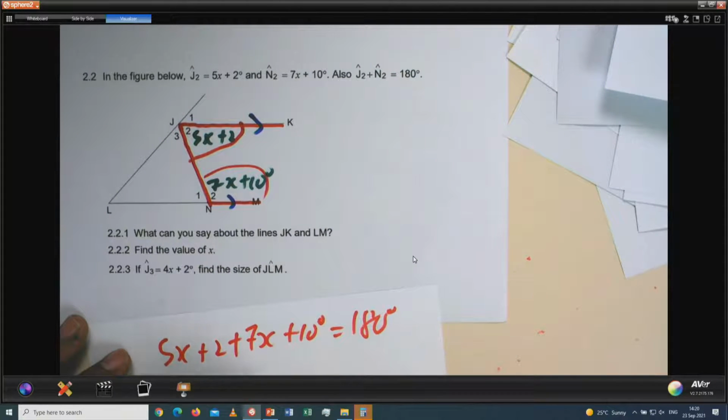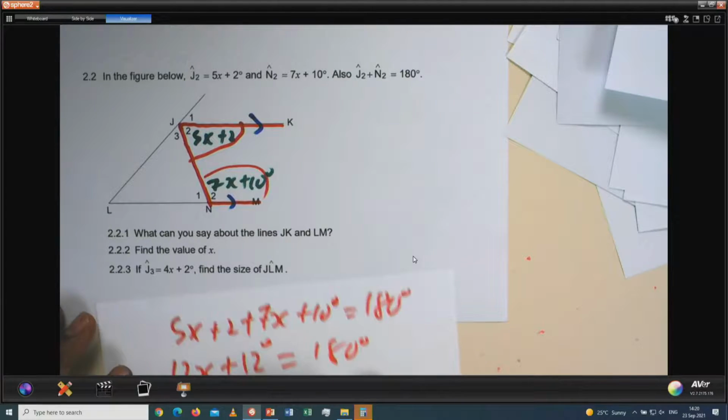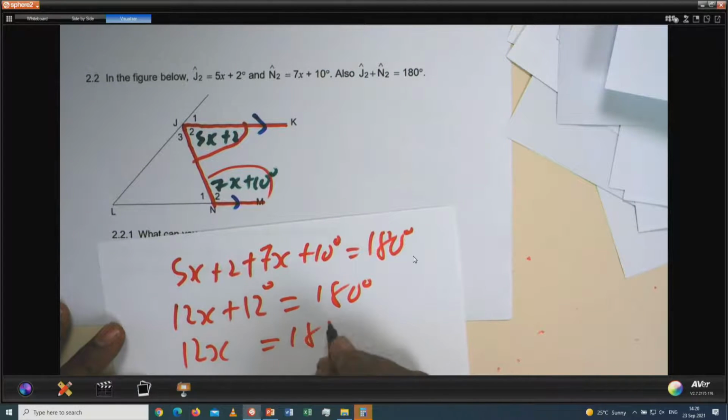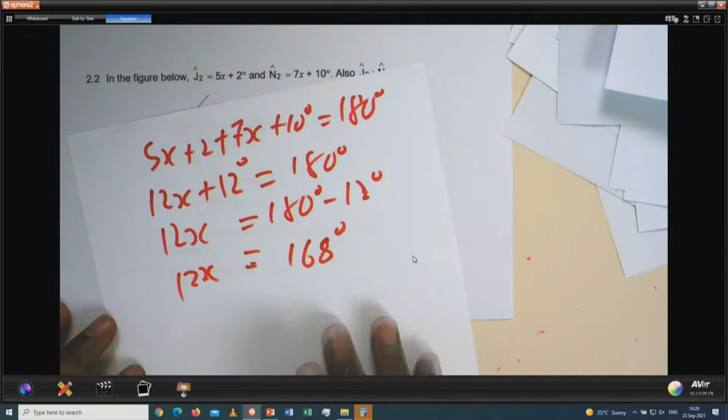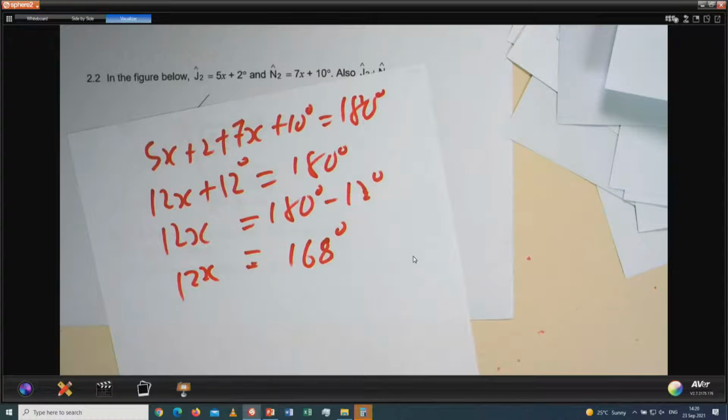Therefore, 12x plus 12 degrees equals 180 degrees. 12x equals 180 degrees minus 12 degrees, which is 168. So 12x is equal to 168.